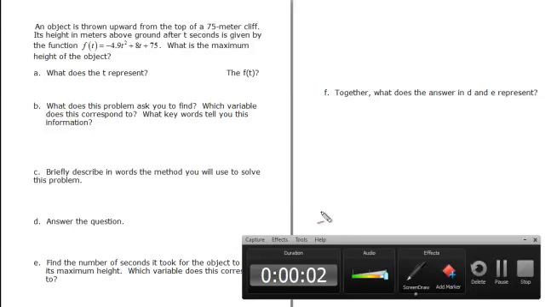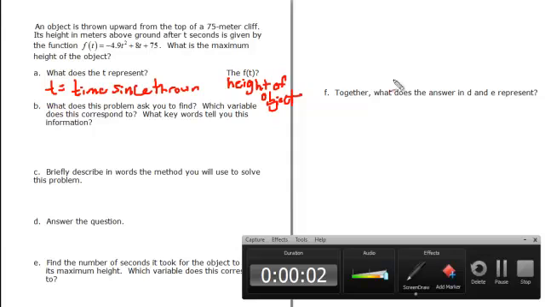So again, we're going to start defining variables, and t is representing the time since thrown, and the f of t is representing the height of the object.